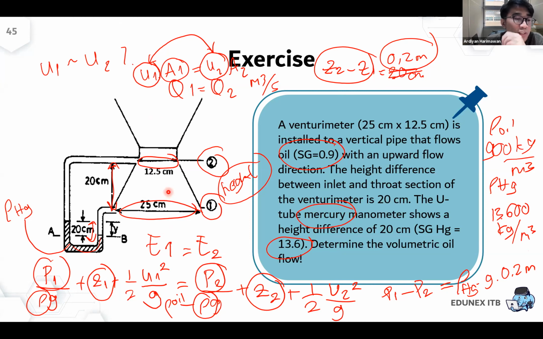So the derivation is basically the same. However, for this venturi, you will have a height difference. The potential energy will not be constant. It will be increasing because point 2 is higher. Okay. Has anyone tried this exercise?